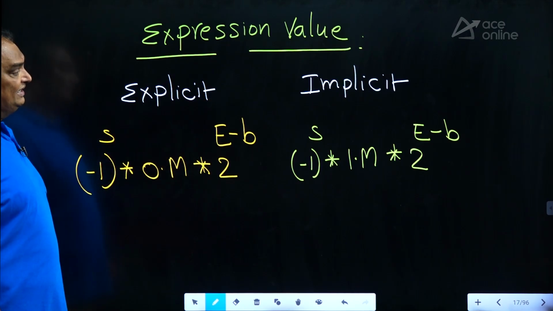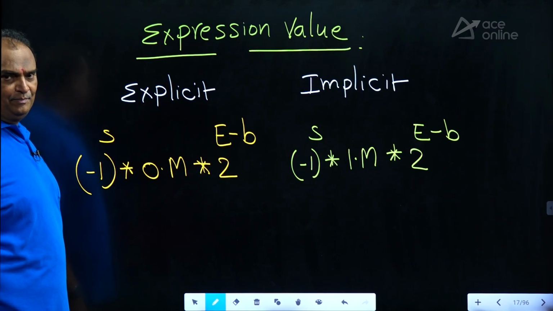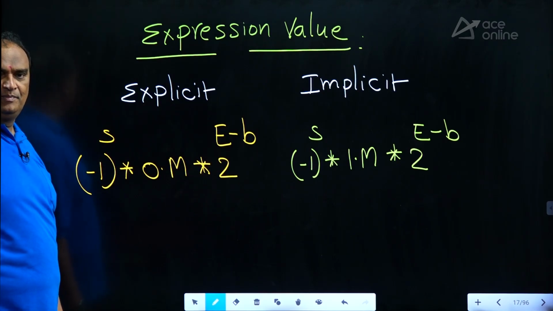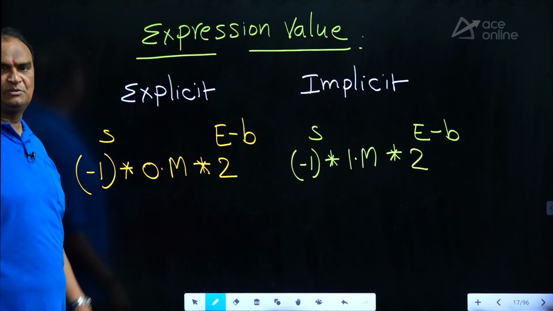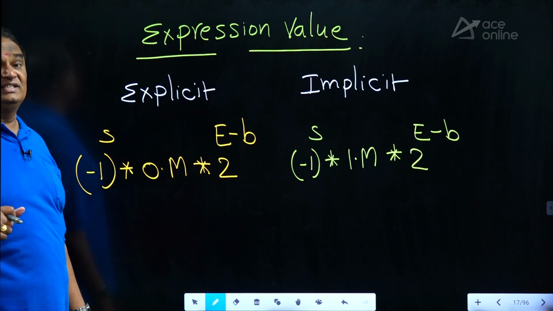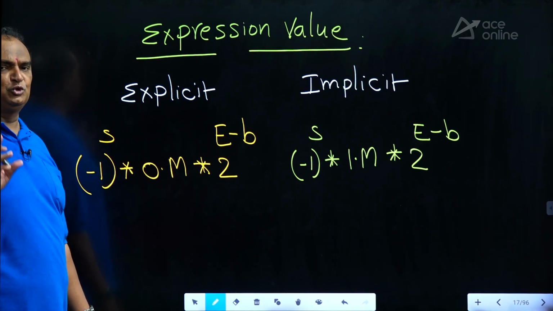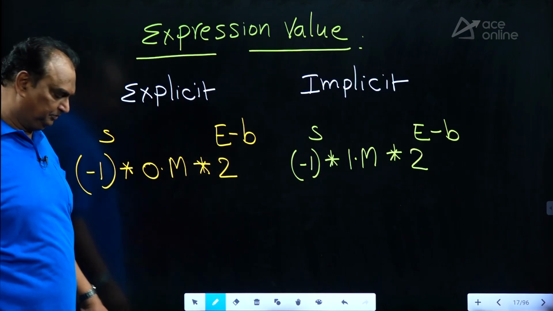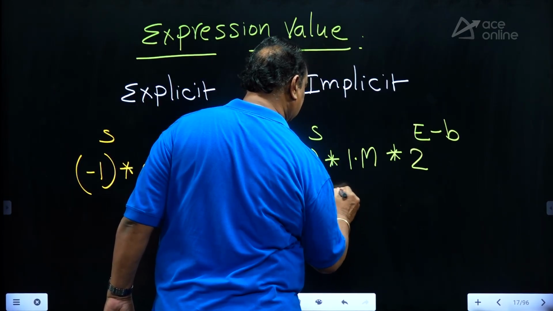A hidden bit is needed for implicit normalization, that's why we write 1.m. If the type of normalization is not given in the question, you should follow only explicit normalization. But if the question mentions IEEE standards, they use only implicit normalization.